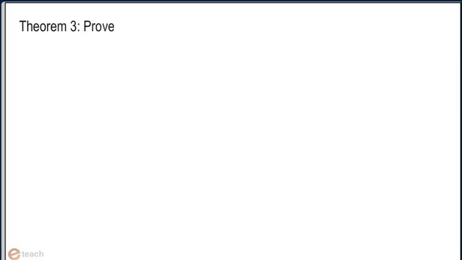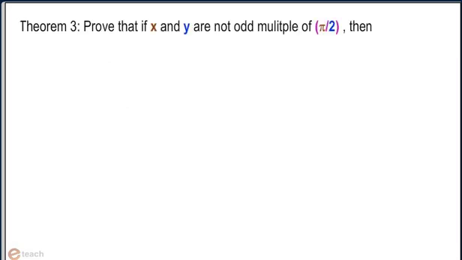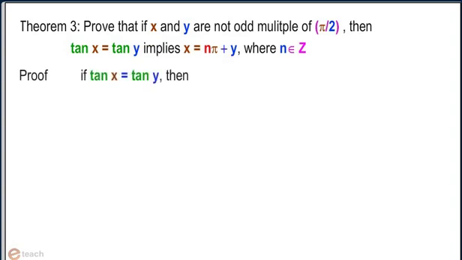Theorem 3. Prove that if x and y are not odd multiples of pi by 2, then tan x equals tan y implies x equals n pi plus y, where n is an integer. Let us see the proof.